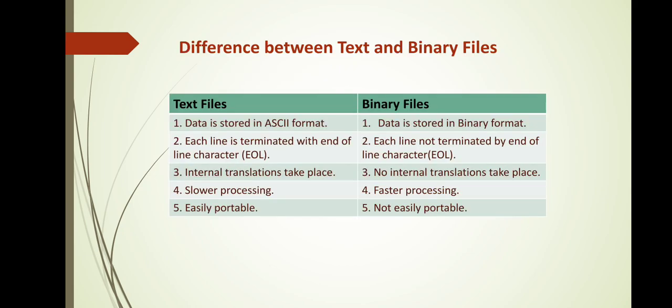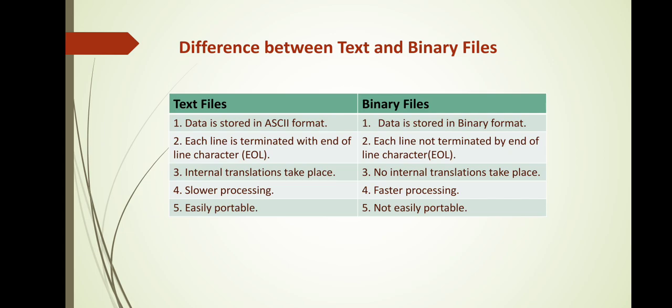When we talk about the difference between text and binary file, in a text file the data is stored in ASCII format, that is, in the same format in which you type it. So what you will see in the text file will be exactly the same as you have typed. But in a binary file, the data is stored in binary form.